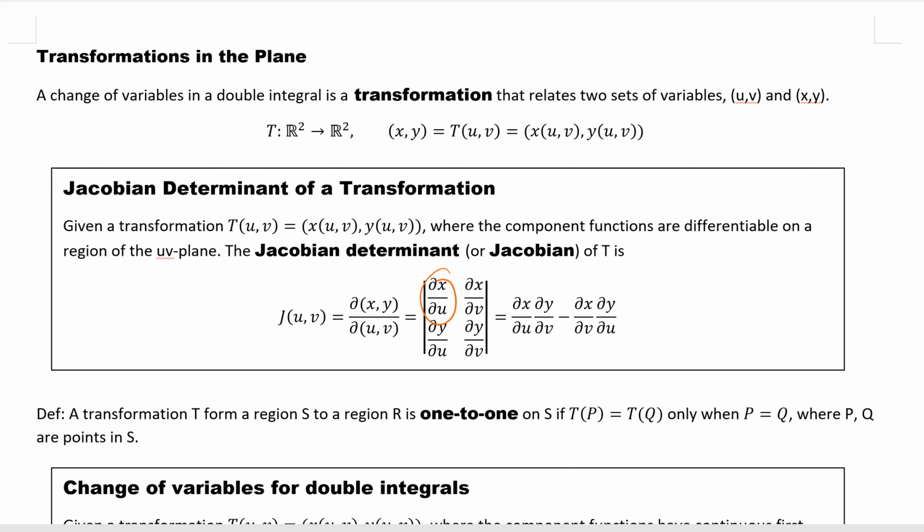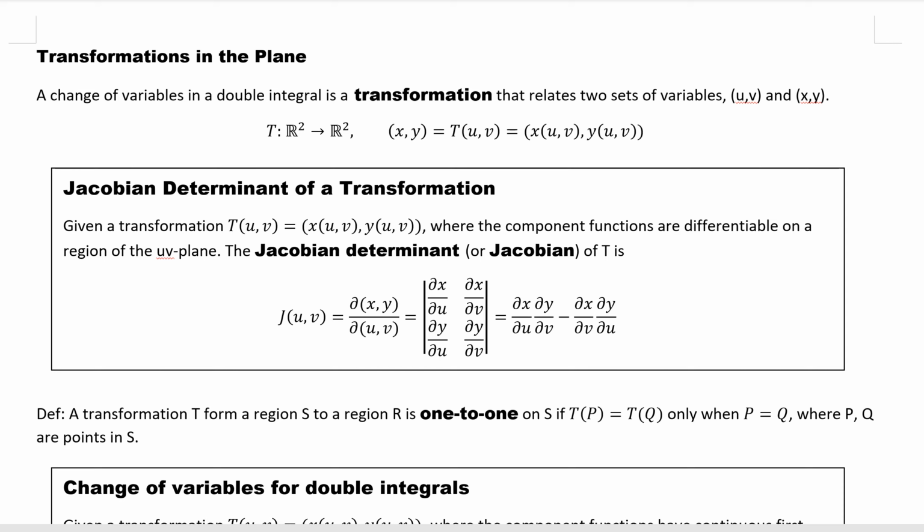Well, you take the partial derivative of x with respect to u, the partial of x with respect to v, and then the partial of y with respect to u, and the partial of y with respect to v. Then the determinant is cross multiply, but subtract. So partial x partial u times partial y partial v, minus partial x partial v times partial y partial u.